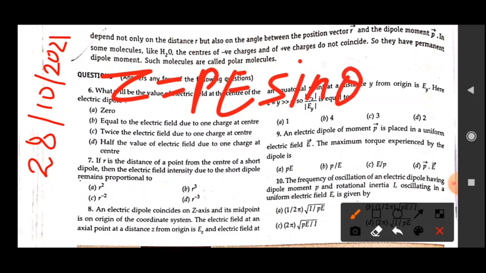This is the formula for the torque experienced by any dipole when it is kept in an external electric field. We have to write down the value of maximum torque. The dipole will experience maximum torque when sine theta is maximum, and we know the maximum value of sine theta is 1, so its value will be equal to pE. So this answer is correct for us.